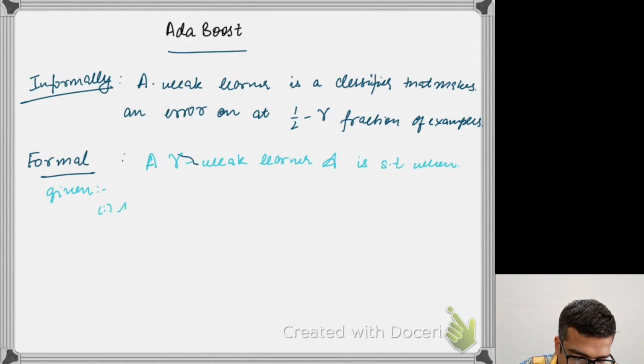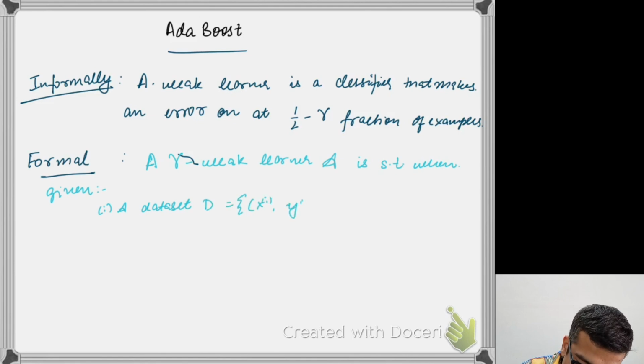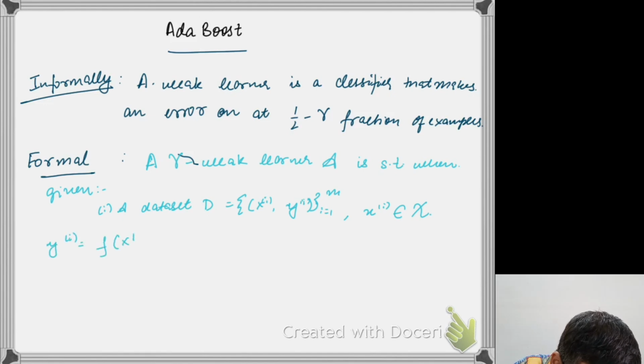Firstly, a data set capital D of points xi, yi. The xi's are inputs and yi's are their corresponding labels. The xi's come from some domain set curly X, and the yi's are all given by f of xi, for some f of xi in plus minus 1. So f is some deterministic function.